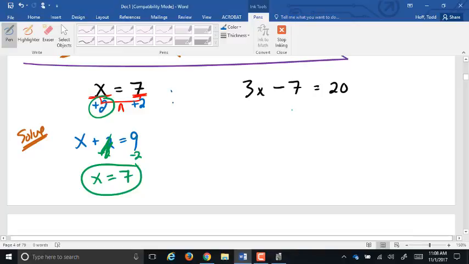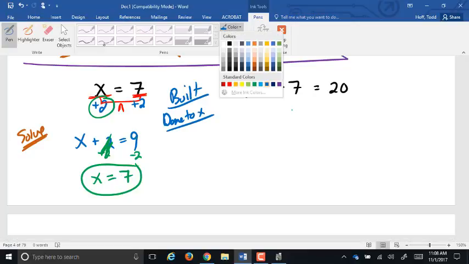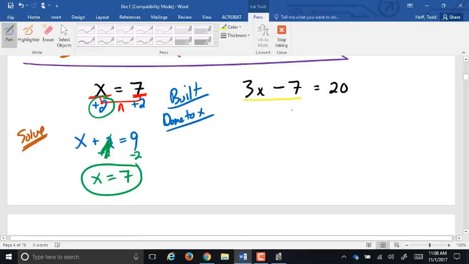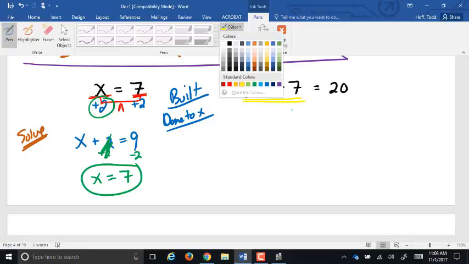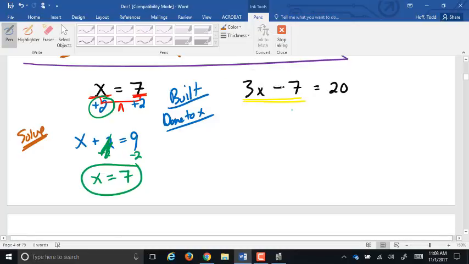If I want to look at how this equation was built, to do that, I ask what has been done to my variable, what's been done to x. So I'm looking at just this side of the equation over here with the variable on it. If I'm thinking of order of operations, if x were a number, what would be the first thing that we would have to do?